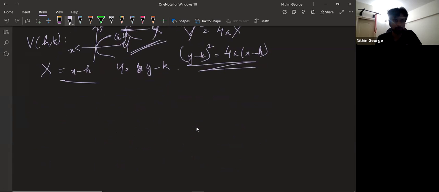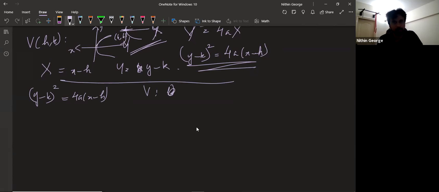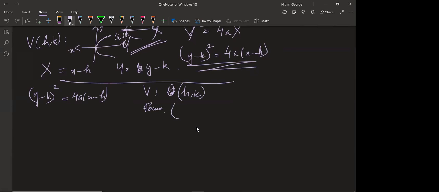Okay. So we'll discuss one case. y minus k the whole square is equal to 4a into x minus h. The vertex will be h comma k. The focus, what will the focus be? A itself.